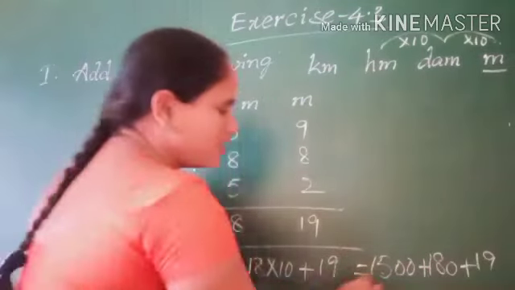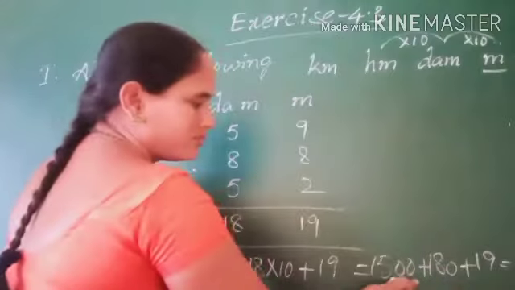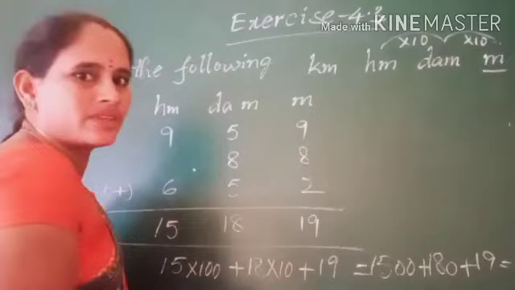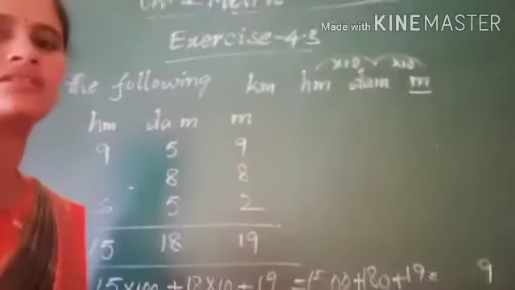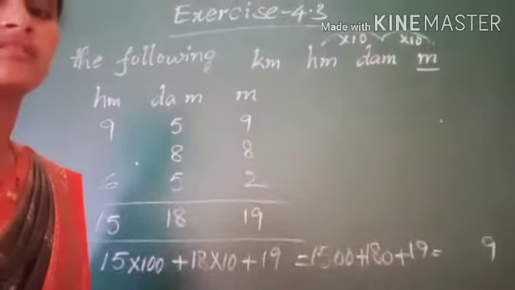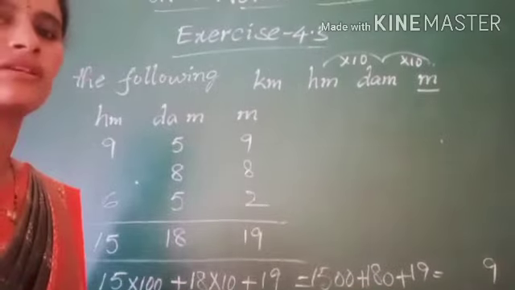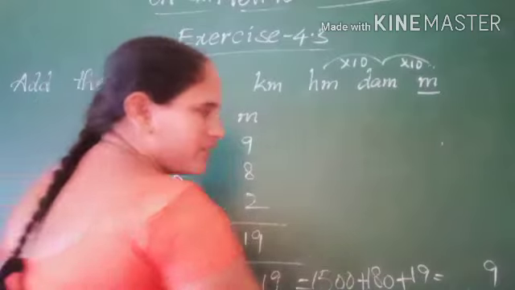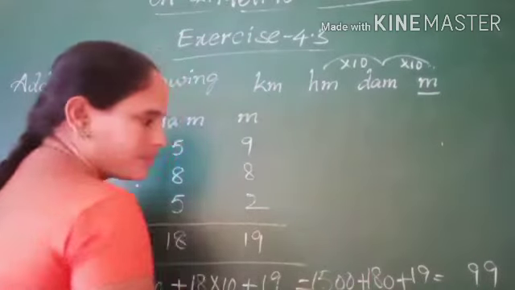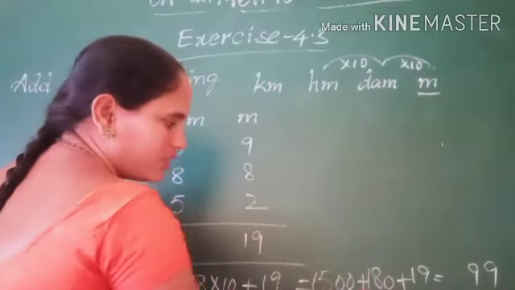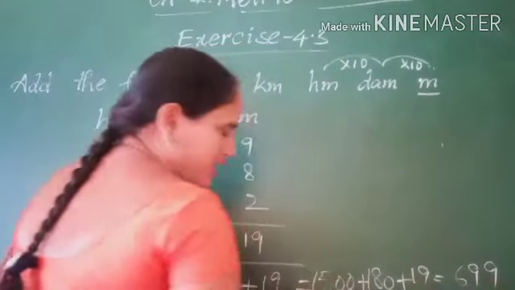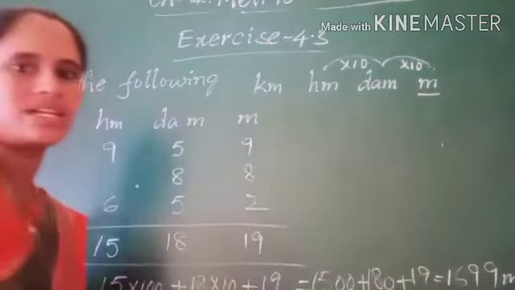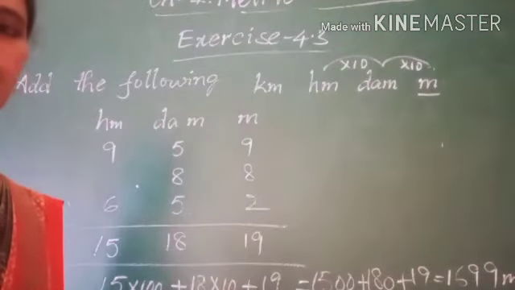Then you write the answer: 9 plus 0 is 9, 1 plus 8, 9, then 1 plus 5, 6, again 1. So what we get here? 1699 meters. Is it clear?